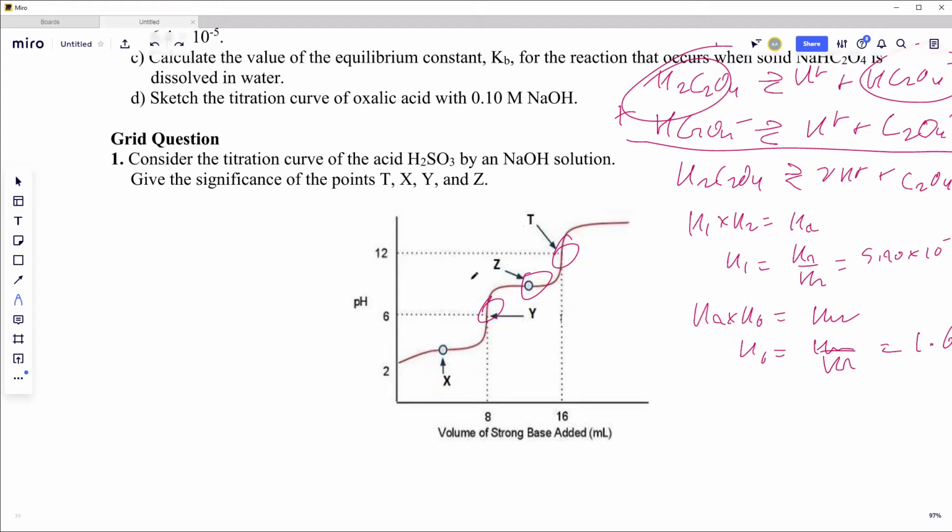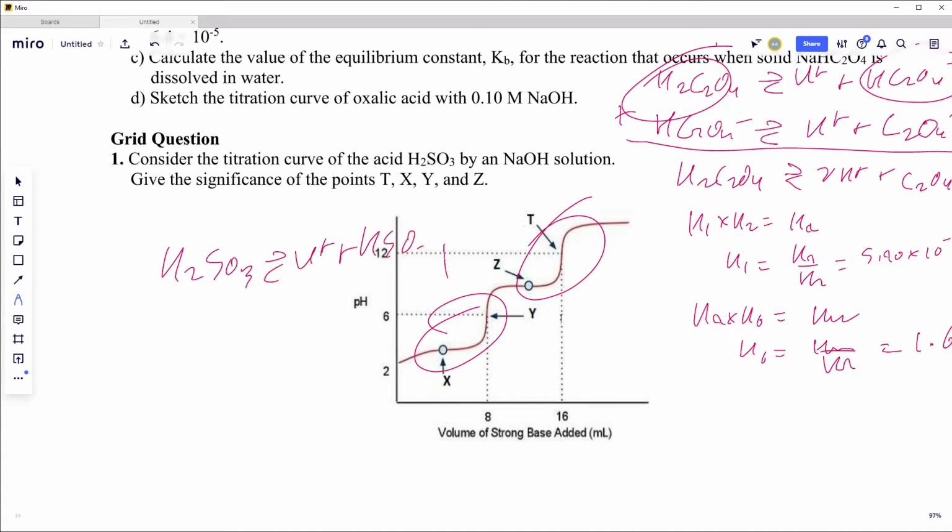Each section is when you have the first dissociation, which is H2SO3 giving H plus and HSO3 minus. And then HSO3 minus dissociates to give H plus and SO3 2 minus. So this is what's happening here: the first H plus here and the second H plus here.